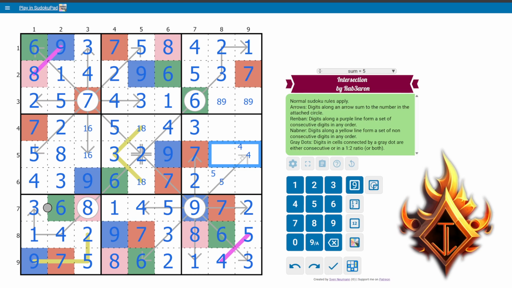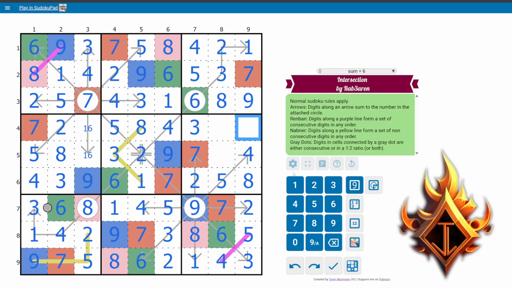There will be a 4. Okay, a 4 has to go here. Can't go there. There has to be 1 in the row. And that one is looking up. So that does become 4, 5. After all. This will be a 1, 8. It already has a 1 in the column. That will sort those.